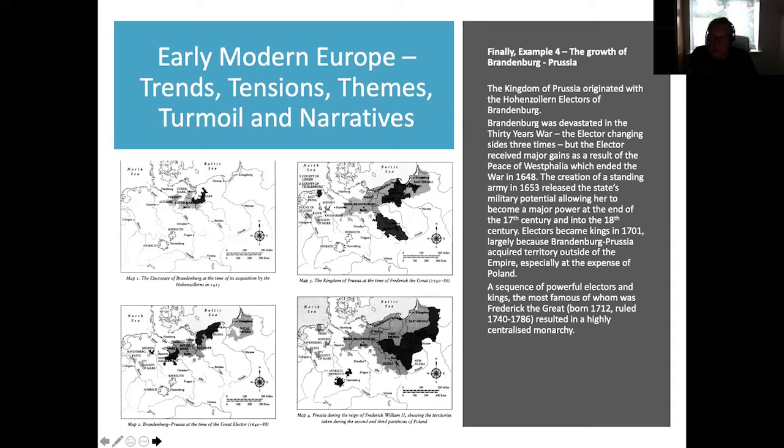Probably the most famous is, as I've said, Frederick the Great. So by the end of the 18th century, Prussia was a great power, effectively. Napoleon reduced it, partly because of military victories, but the Prussians learned from him and created an even better bureaucracy. So into the 19th century, Prussia was a very powerful state, and eventually it was Prussia which united Germany.